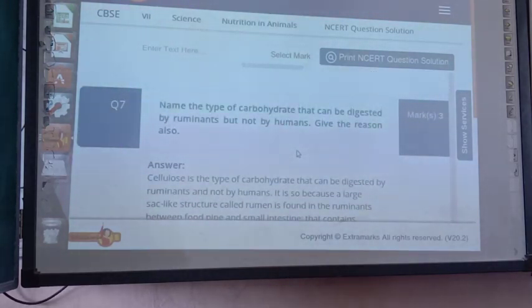Cellulose is the type of carbohydrate that can be digested by the ruminants and not by humans.